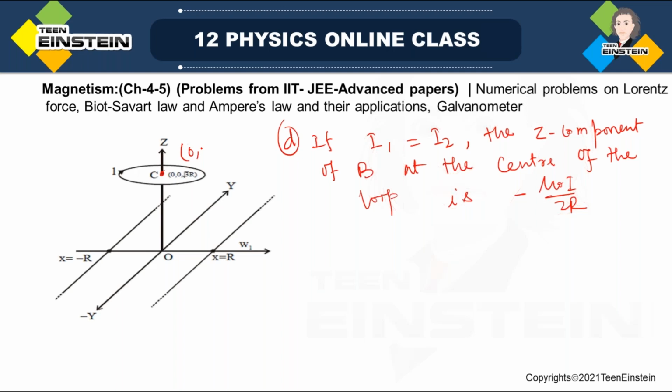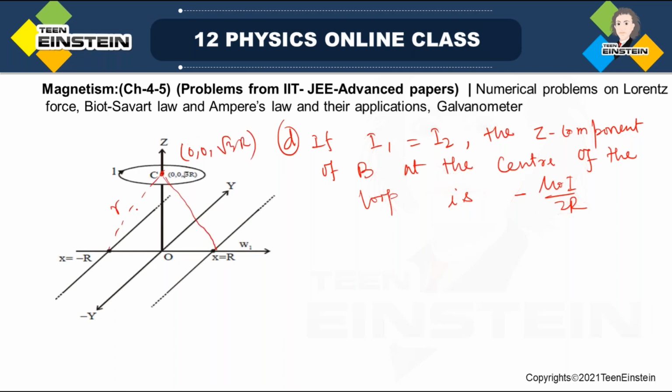So what is this Bz? We can just calculate. At the center, we know it is mu 0 I square by 2 into (a square plus x square) whole to the power 3 by 2 due to a loop. This x is 0 here, so it will be mu 0 I square divided by 2 into a cube, which will be exactly mu 0 I by 2a.